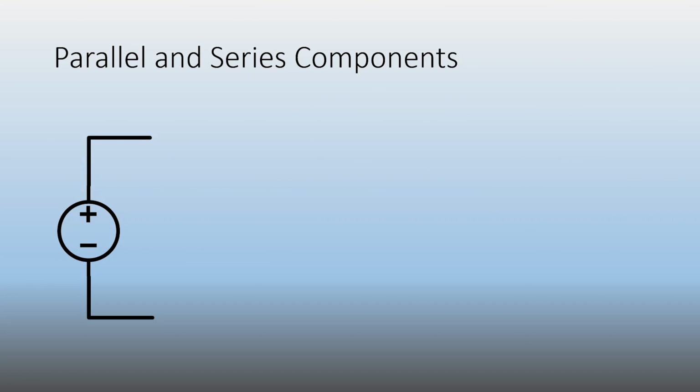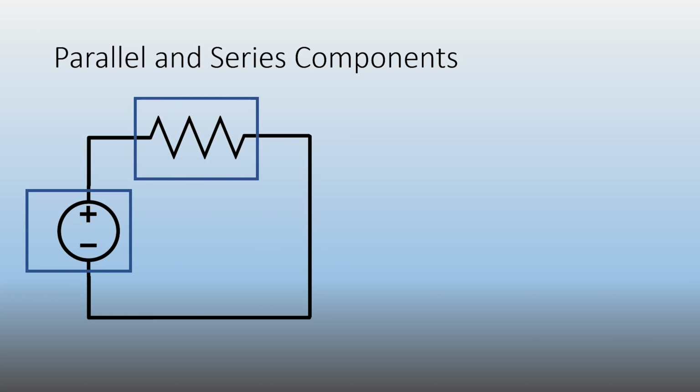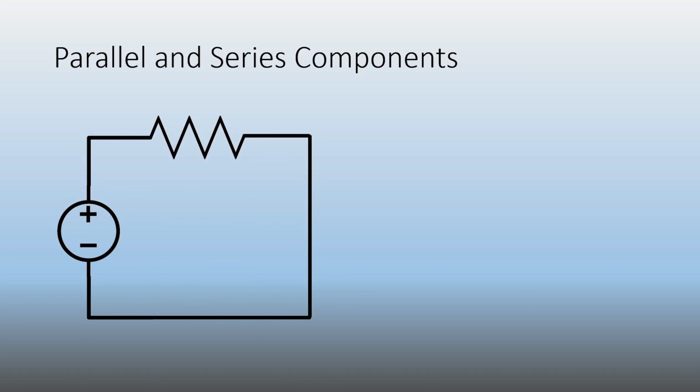I want to move on and continue looking at parallel and series components. Let's design a simple circuit, basically the same one we have been using. This circuit has one voltage source and one resistance source. We will give these components some values. The voltage source will be 3 volts and the resistance will be 6 ohms.